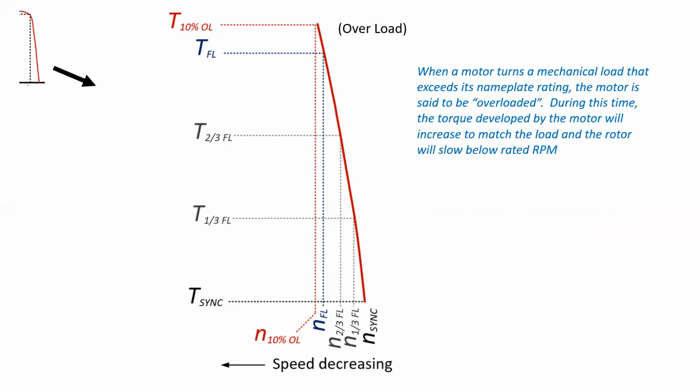And during this time, it will increase the torque in order to match what the load is requiring. Notice also that down here, the speed of the rotor decreases. So as I continue to overload the motor, the speed of that rotor will decrease, decrease, and decrease.